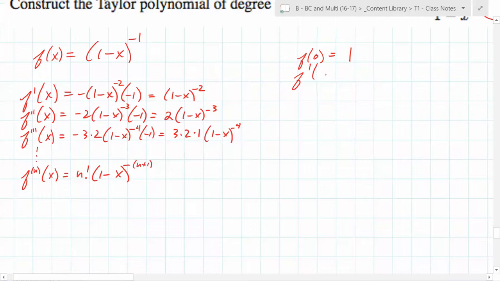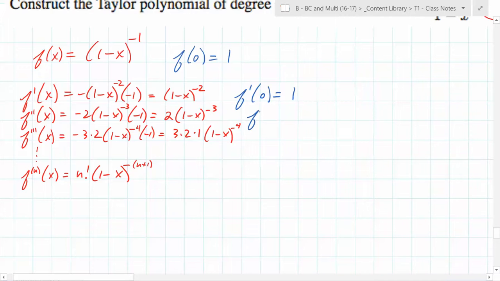What's f prime of 0? 1. What's f double prime of 0? 2. What's f triple prime of 0? Well, 3 factorial, right? So this one right here, what is f n of 0? What's that going to be?